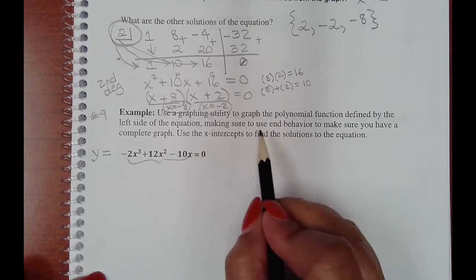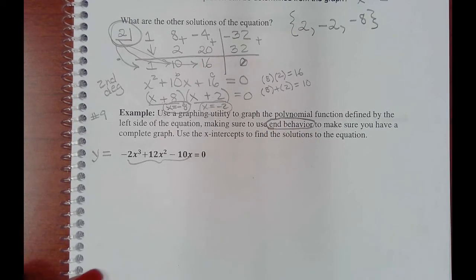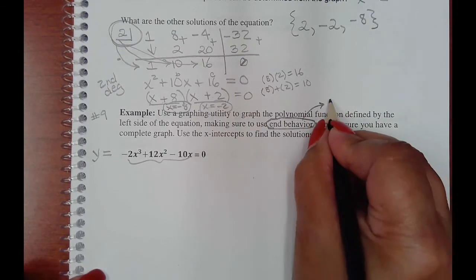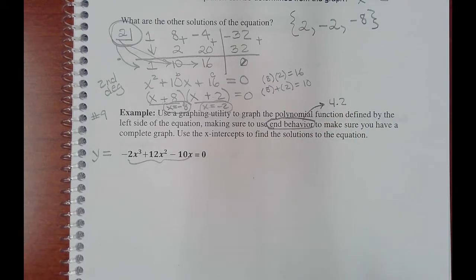When it says that you should be able to use end behavior, that is from the section right before this, section 4.2, where you should know what the ends behave like so that you know whether you're seeing the entire graph or not. Because how can you know whether all the solutions are being shown if you're not seeing the entire graph? So hopefully that makes sense.